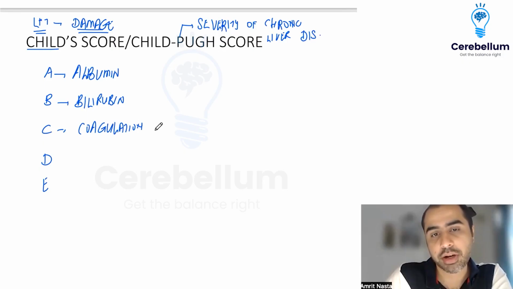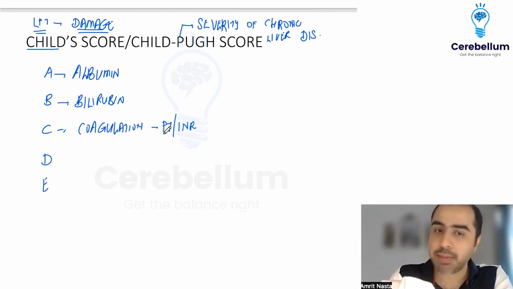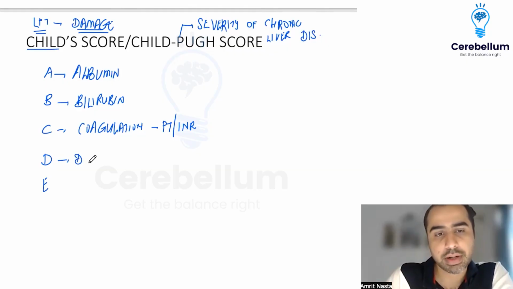How do you measure coagulation? Prothrombin time or INR, PT-INR. So the coagulation profile will have PT or INR, prothrombin time or international normalized ratio. D stands for distension. Why do you get distension? You get it because of ascites. And E is encephalopathy.